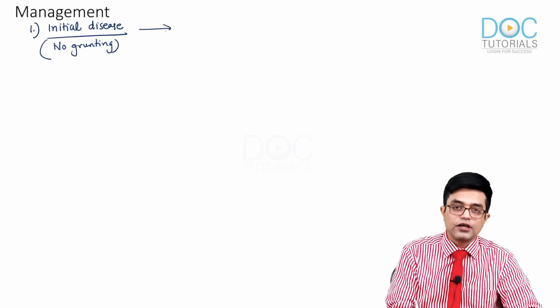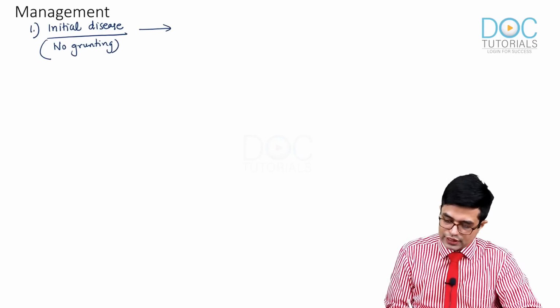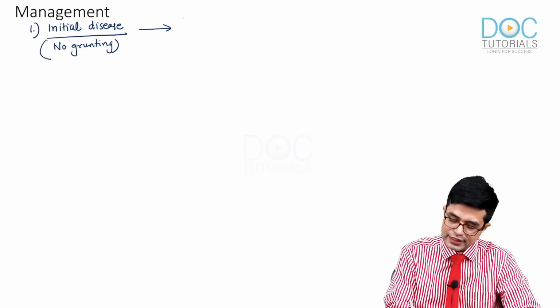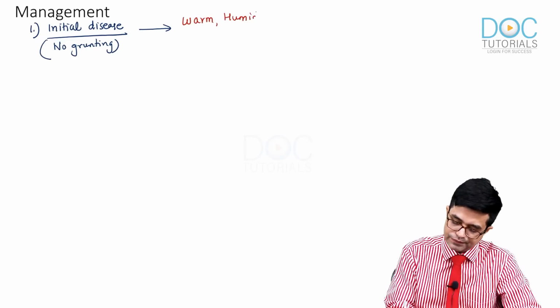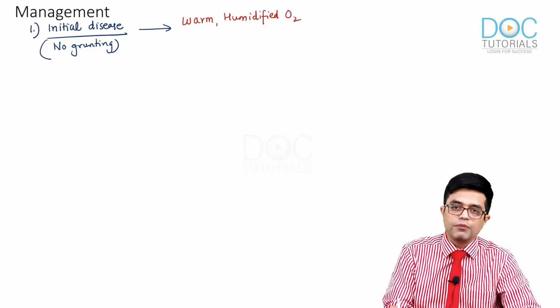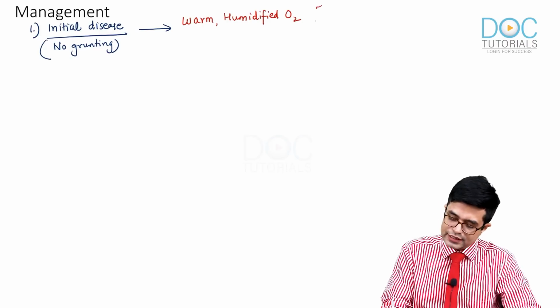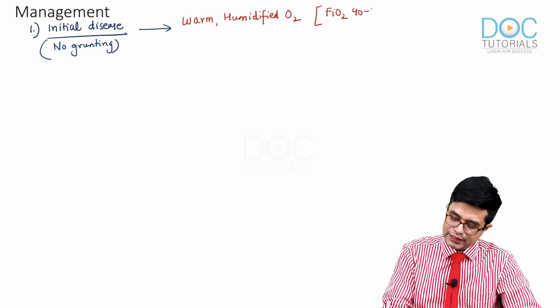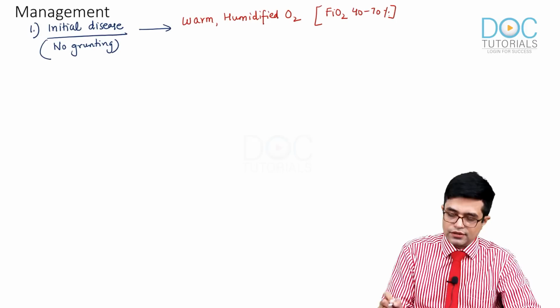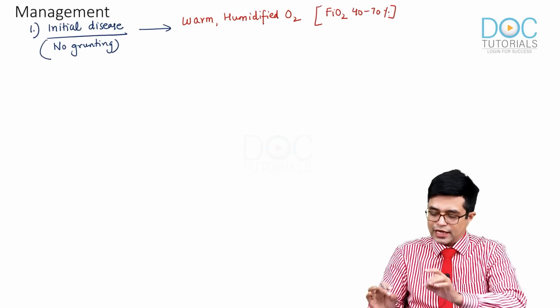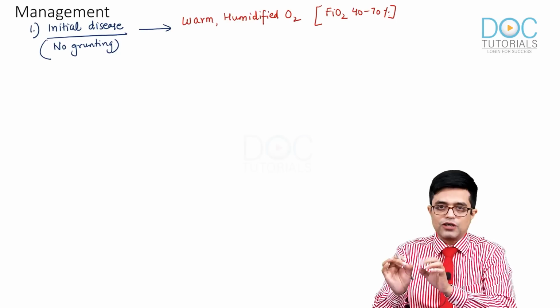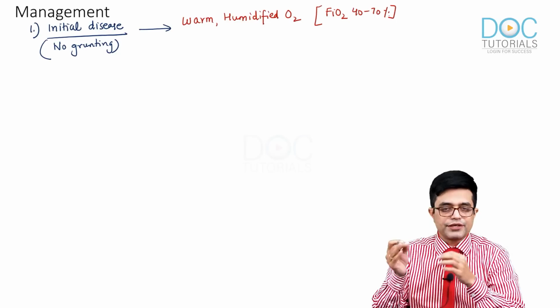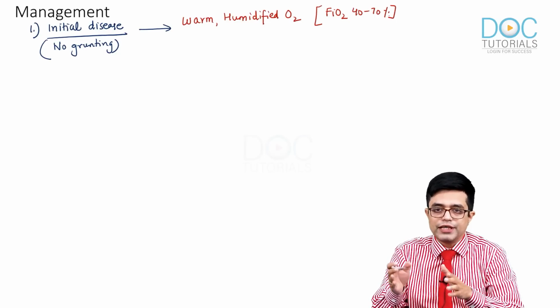For these patients of HMD, the first step is to start the patient on warm humidified oxygen, with a concentration, that is FiO2, of 40 to 70%. Room air has 21%, right? FiO2 is fraction of inspired oxygen. So the concentration that you start is 40 to 70%.